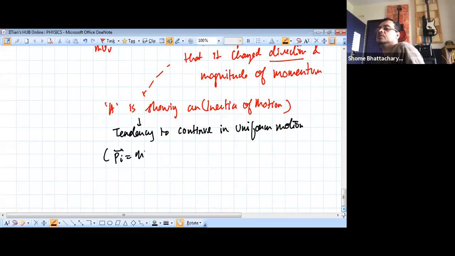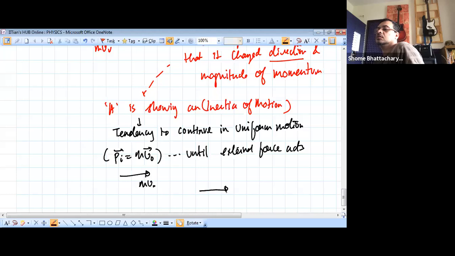It was mv0, a vector like this. Until and unless an external force acts. So this time the external force applies an impulse like this on it, and so its momentum changes from this to this.